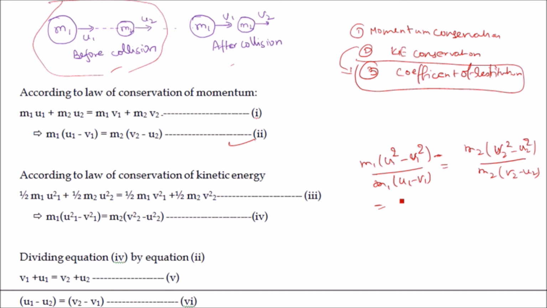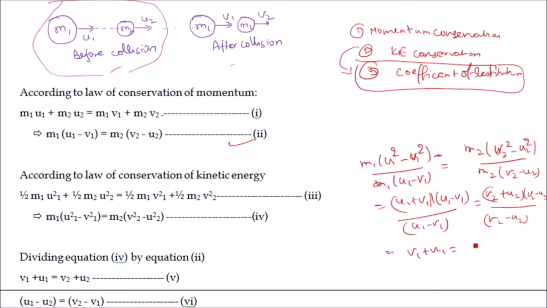From there we get (u1 plus v1)(u1 minus v1) divided by (u1 minus v1) is equal to (v2 plus u2)(v2 minus u2) divided by (v2 minus u2). So we get v1 plus u1 is equal to v2 plus u2, and from there we get v2 minus v1 is equal to u1 minus u2.